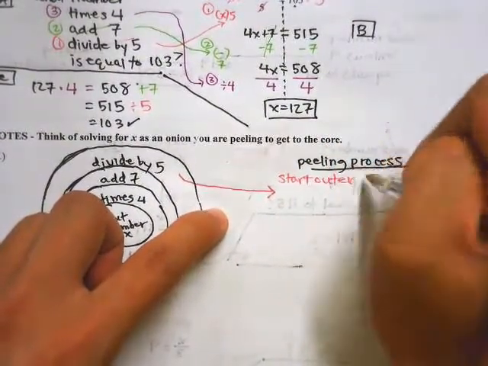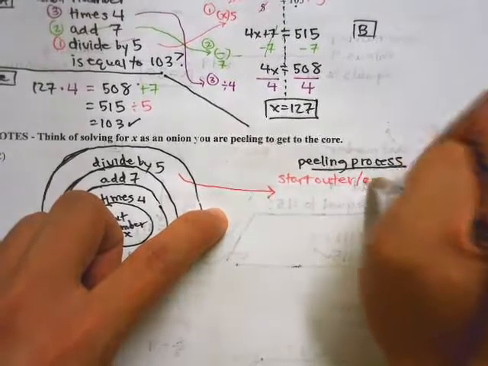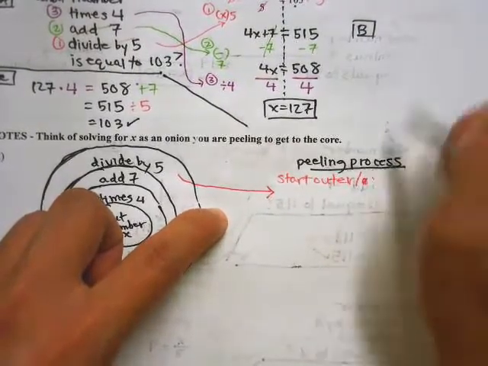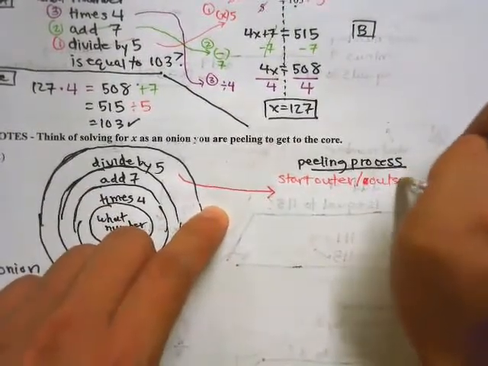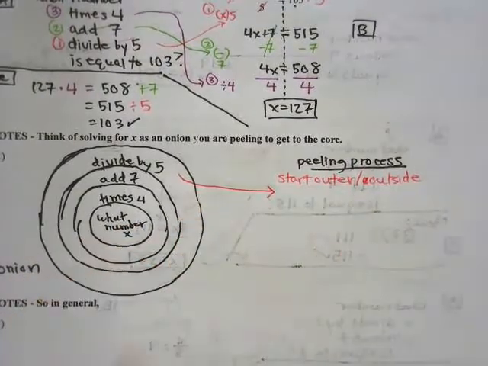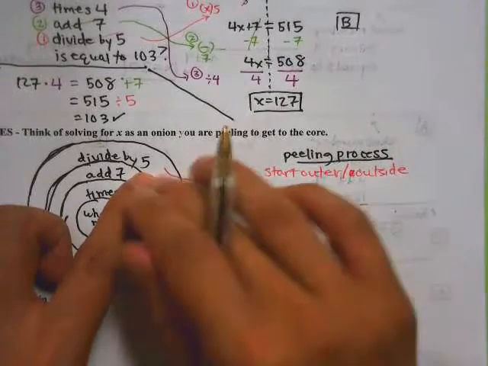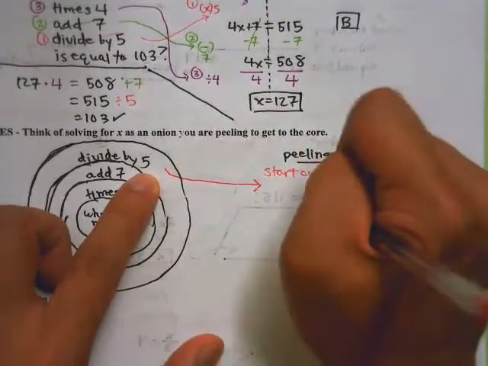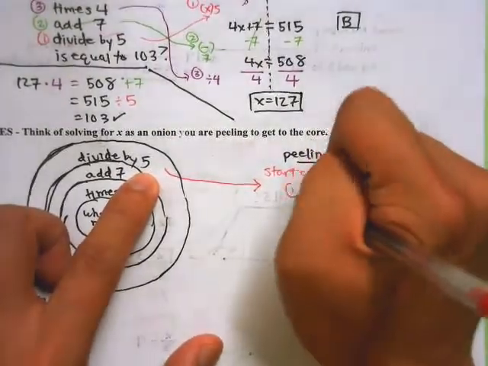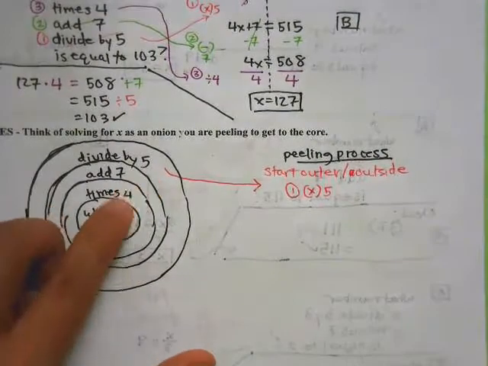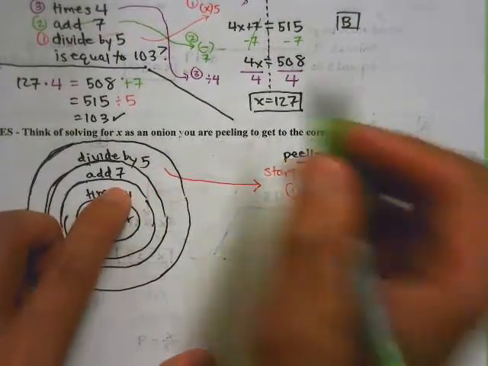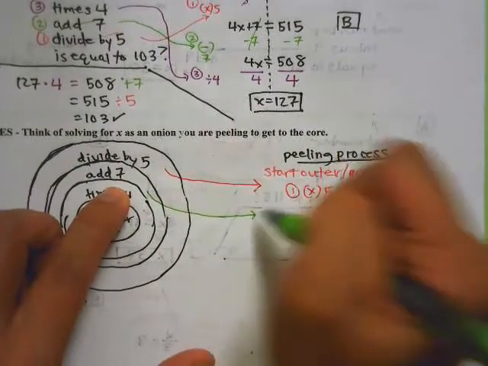You pretty much start on the outside. So the opposite of divide by 5 is times 5, okay? And after you peeled it off, we see the add 7.